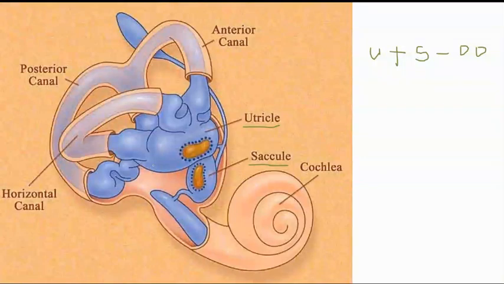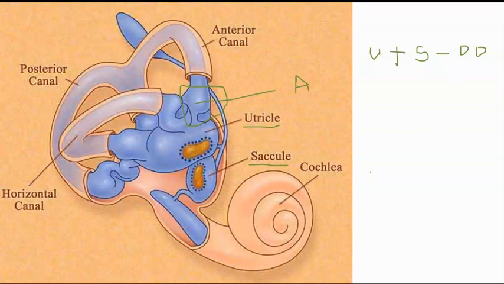So here we have the semicircular canal. Here in this diagram also you can notice the semicircular canal, and the base of this semicircular canal consists of the ampulla, and inside it has the cristae, and these cristae are nothing but the projecting ridges.